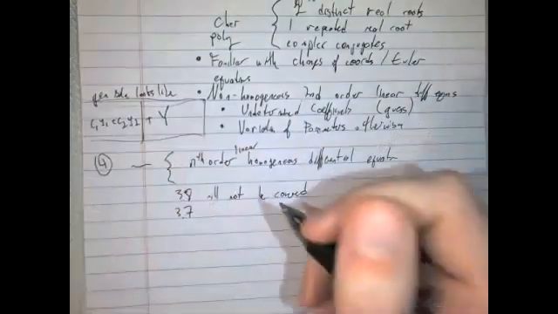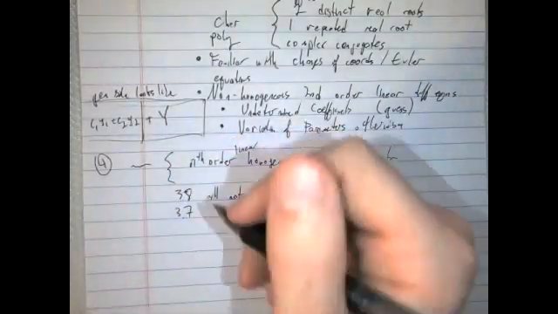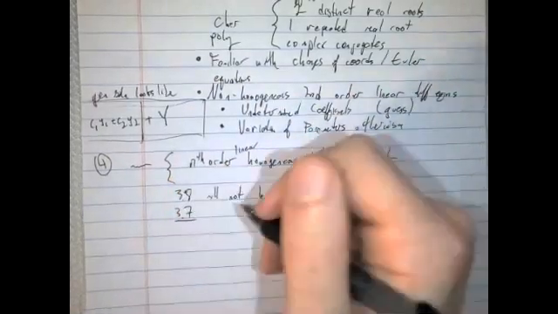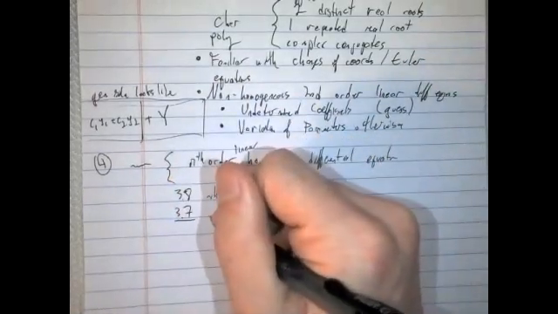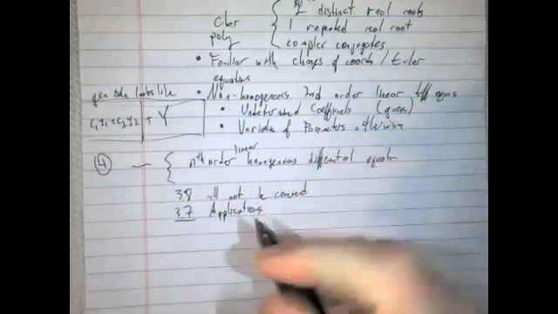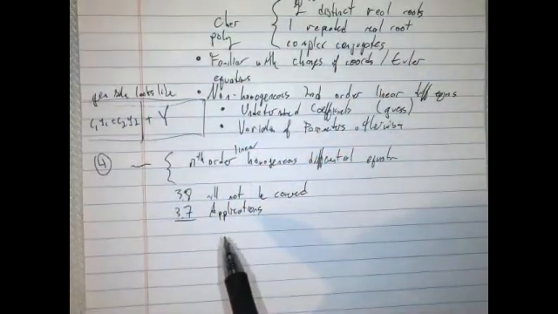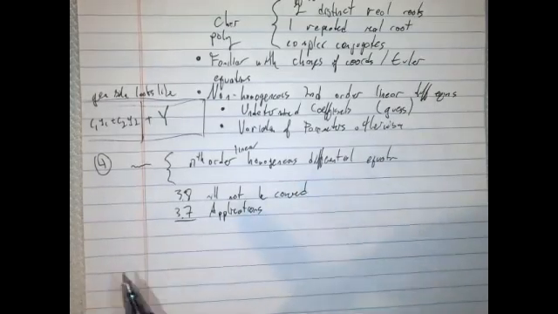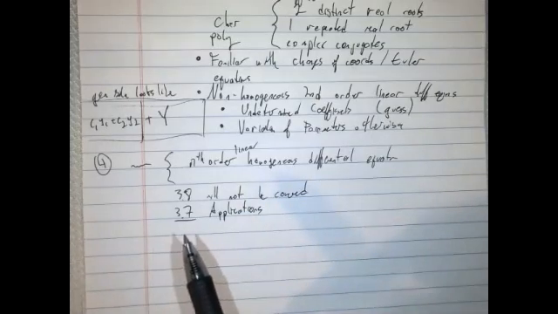3.7 is what we're discussing today. The thing about 3.7 is that it's like applications. There's some interesting material, in particular some physics-related material that we'll discuss today and that we started discussing yesterday about mass spring systems.